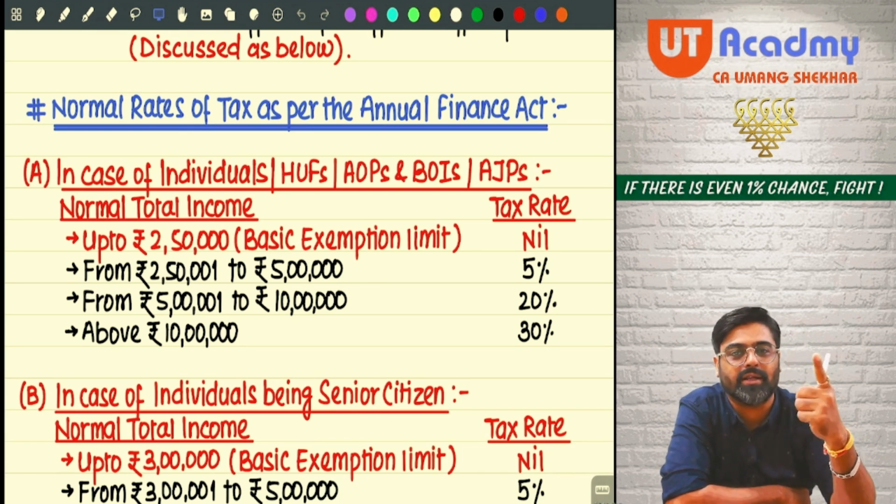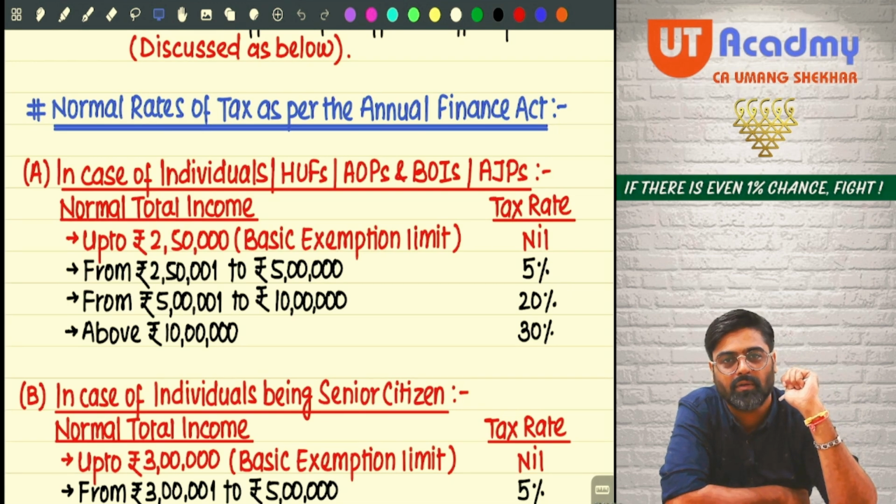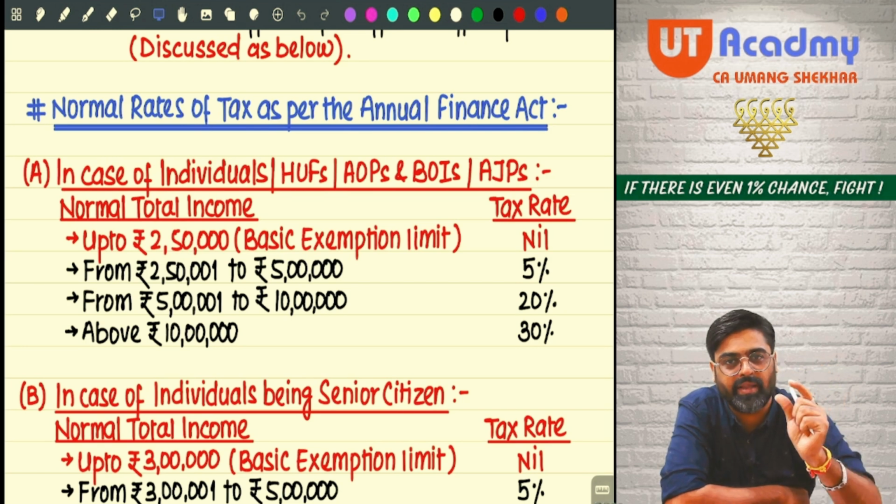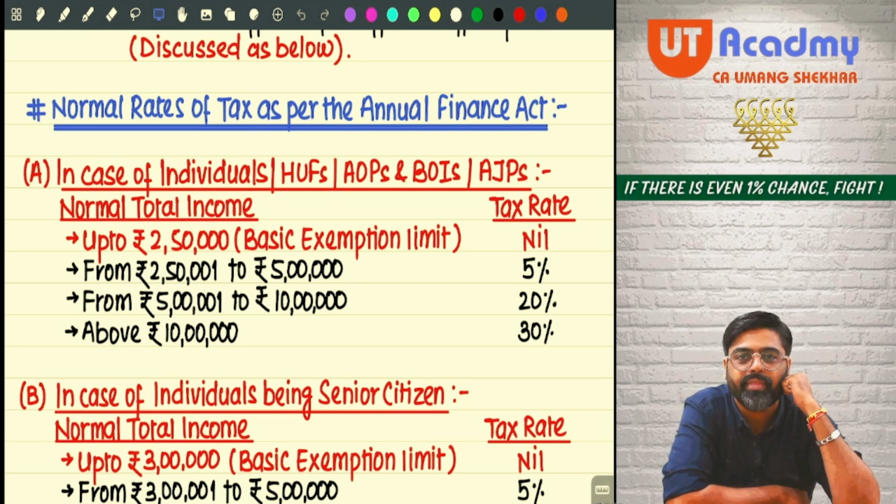On that 2 lakh 30,000, calculate 5%. So how much is 5%? Come on, tell me. 5% of 2 lakh 30,000? 11,500. Got it, everyone? So your tax liability will be 11,500. Your normal tax on your 4 lakh 80,000 of normal total income will be 11,500.